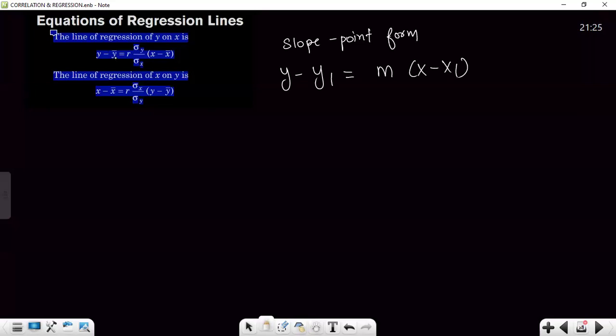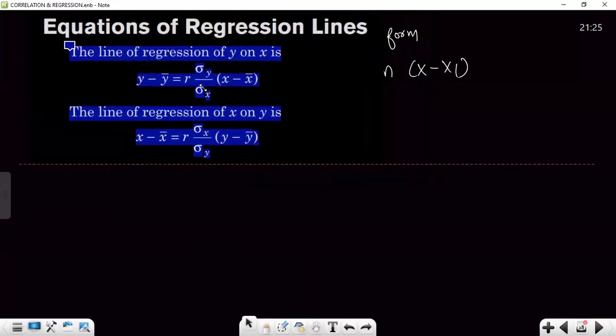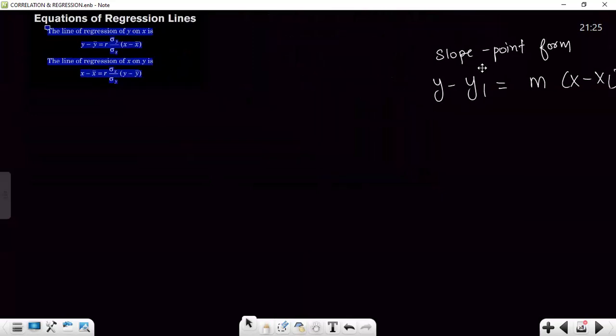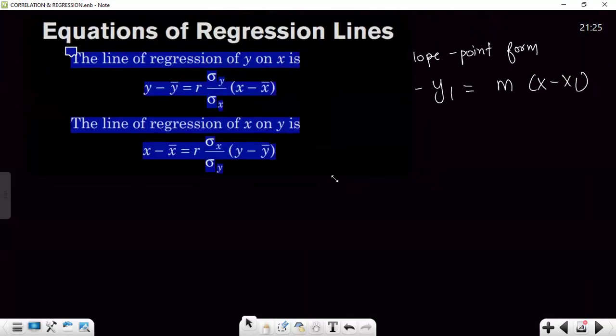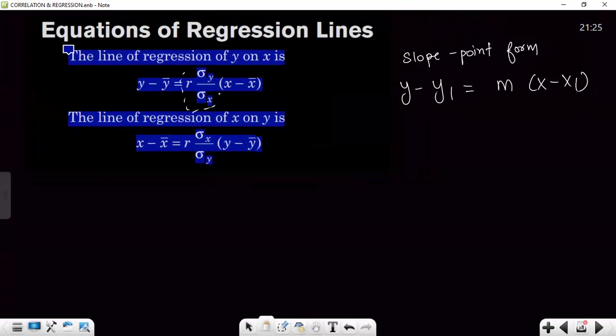Now observe here. What is the slope here? This is looking like our slope.